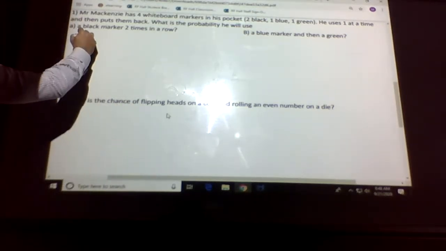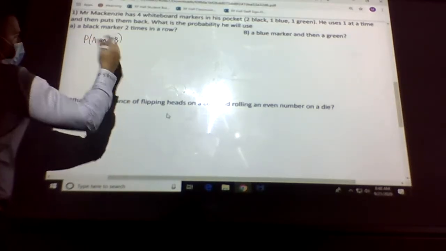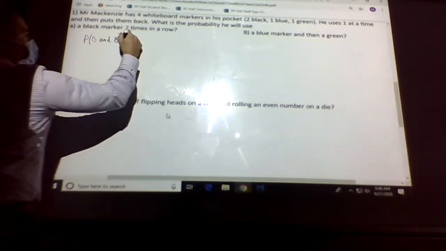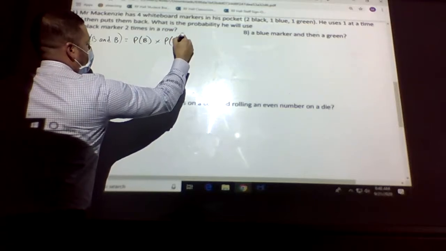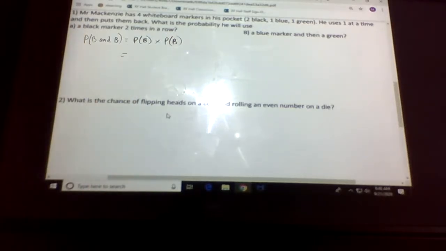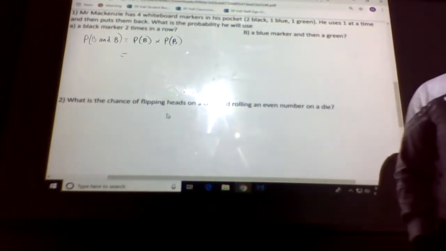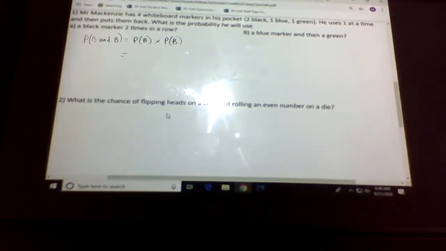Okay, so we want the probability of A and B. In this case, it would be black and black. So the probability of black occurring times the probability of black occurring again. So if I were to randomly reach into my pocket and pull out a black marker, what is the probability that will occur?